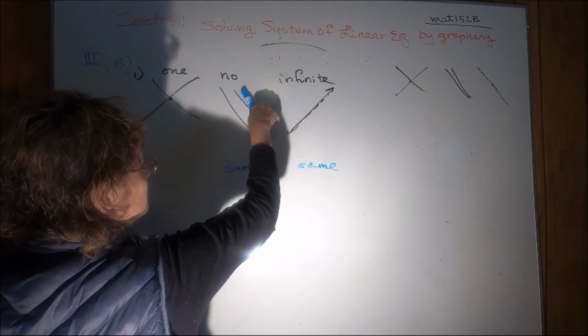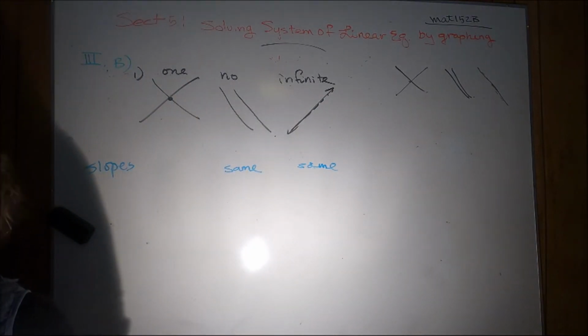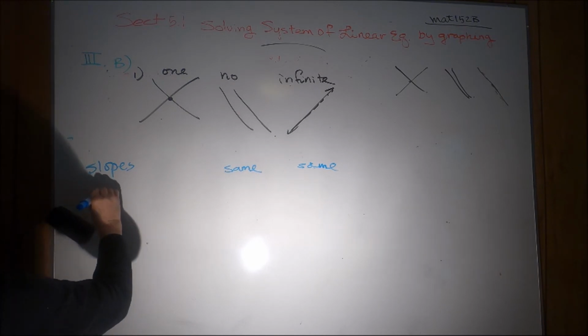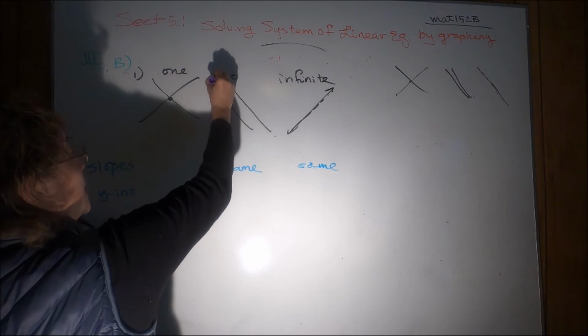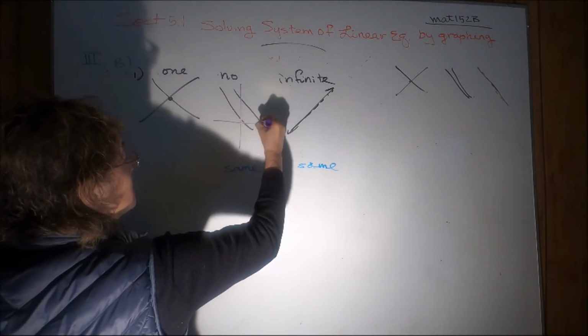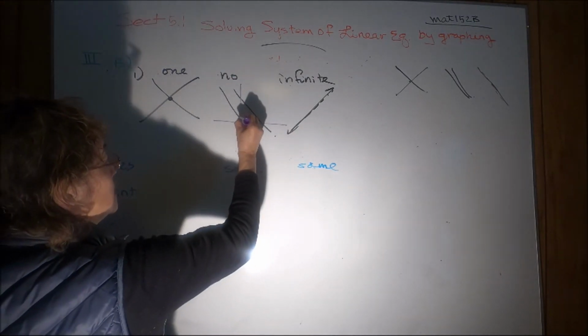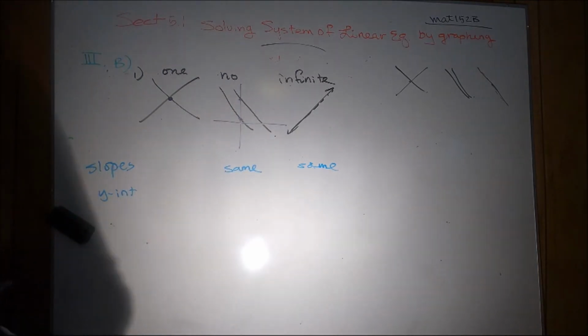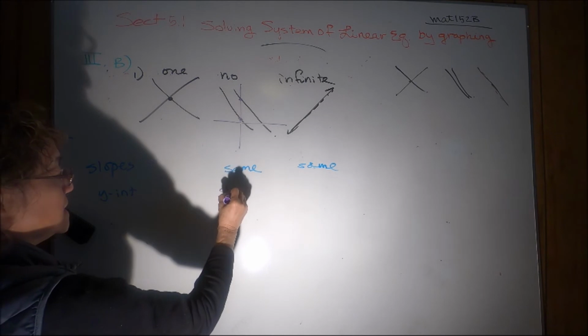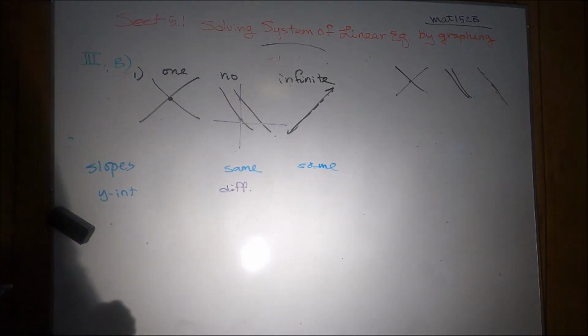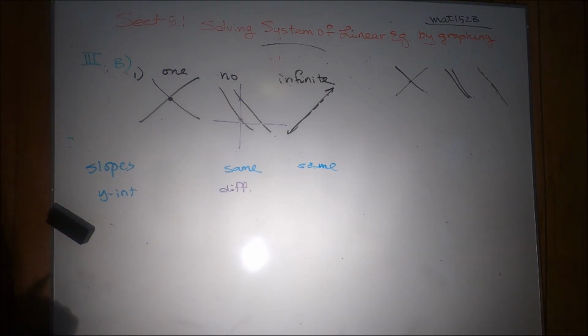Right? Same thing. However, for the y-intercept, so if you have y-intercept here, take a look. That's the y-intercept, that's the y-intercept. They have same slopes, but they have different y-intercepts, right?